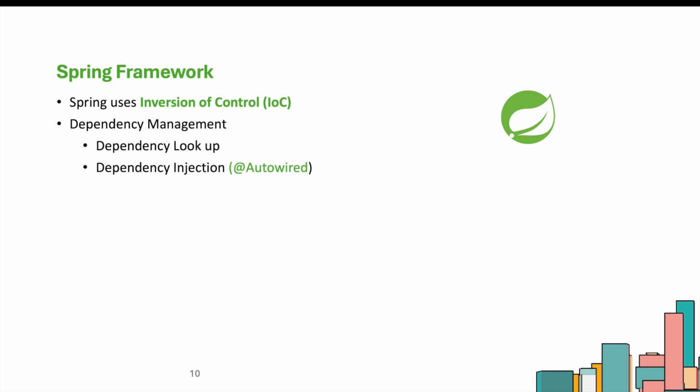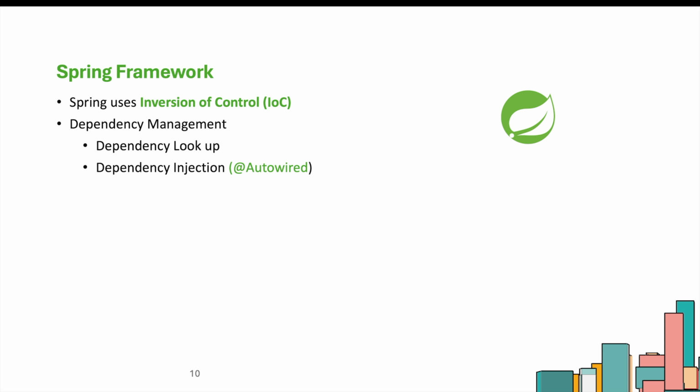Spring Framework basically uses two things: inversion of control and dependency management. You may read through a lot of other pages with more details, but technically it will fall into these two things. Inversion of control means having control over a component or bean. Spring takes care of creating an object of a component or bean.